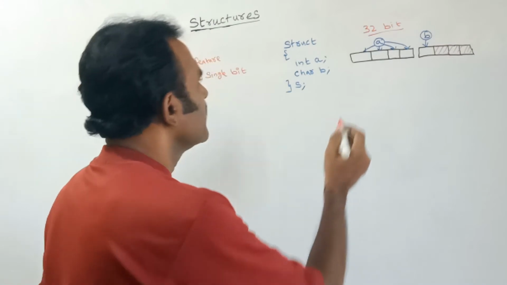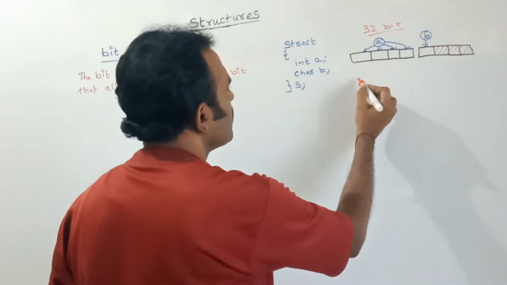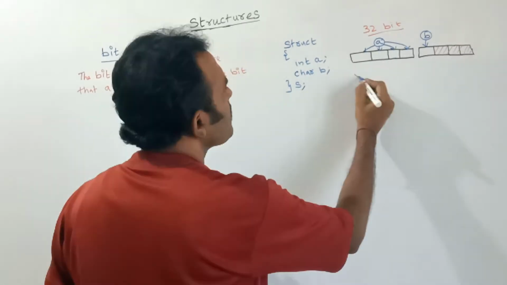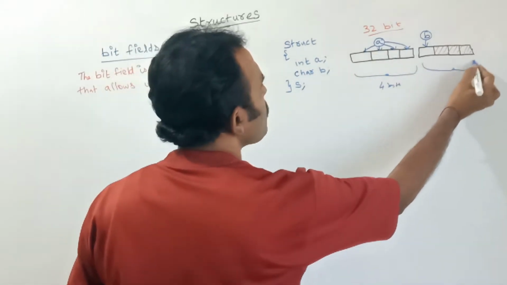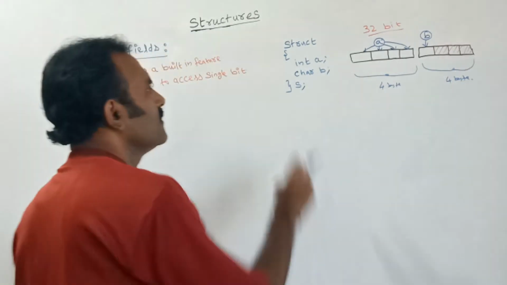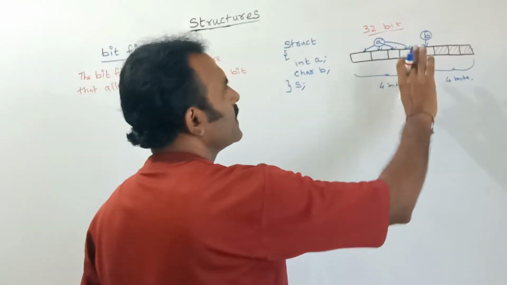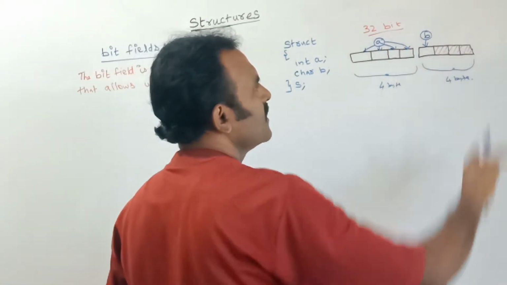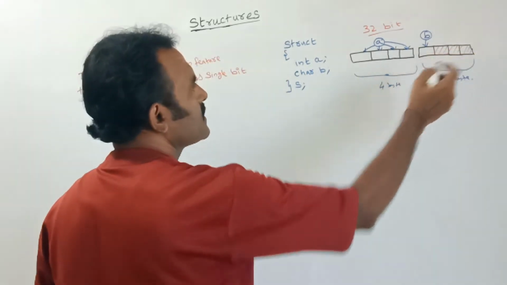Totally how many bytes? This one is 4 and this one is 4 bytes. Totally 8 bytes here, but this character occupies only 1 byte. The remaining 3 bytes are free, empty bytes. This is known as structure padding.